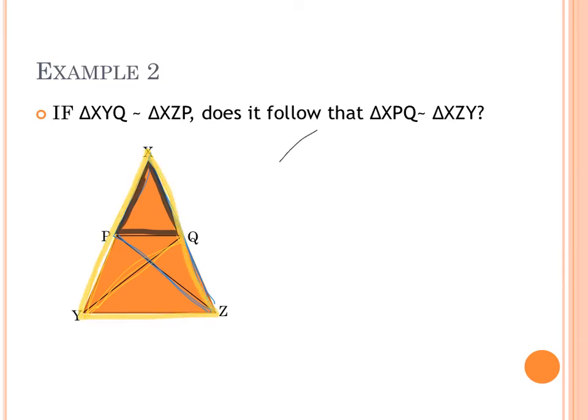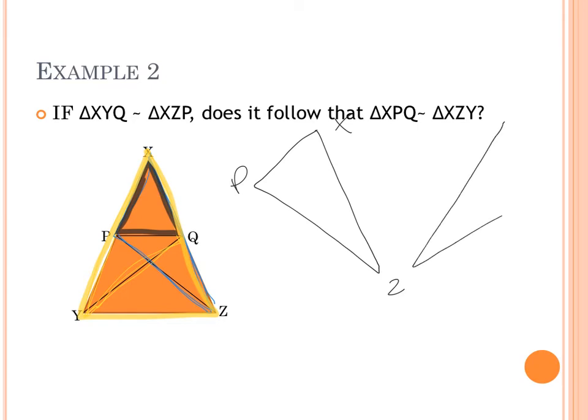So let's split these up. Let's say that this is X, Z, P, so X, Z, P, and the other one was X, Y, Q. And so if these are similar, this is congruent to this, this to this, and this to this.